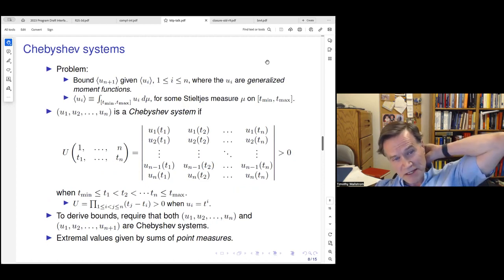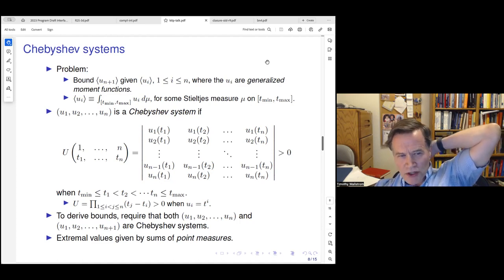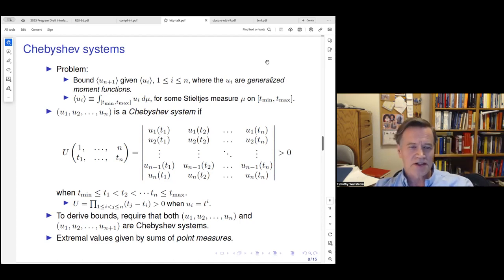But basically, if you have moment functions u sub i, for i from 1 to n, and you want to bound this generalized moment n plus 1, then you can do it as long as this condition is satisfied: you take values in your interval, t1 through tn, this would be rho in our example, so that they're increasing, and you look at this determinant.